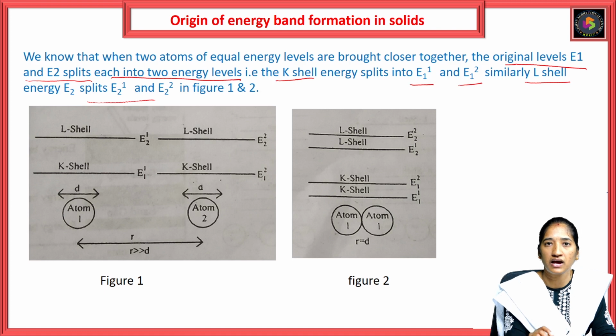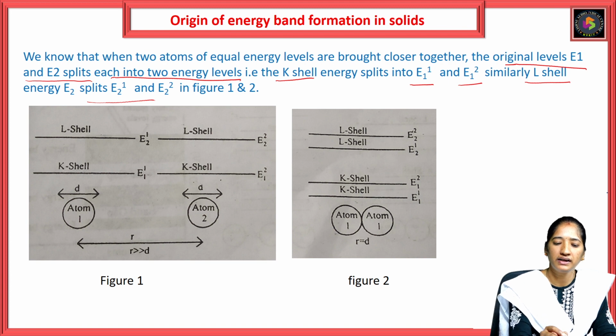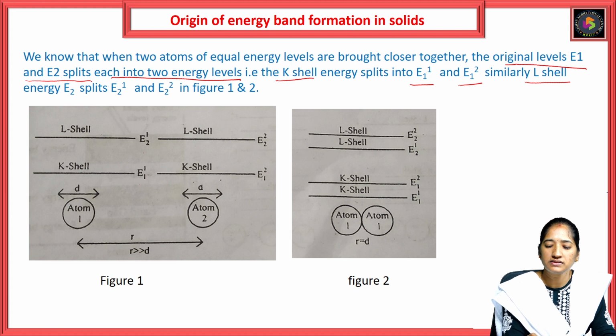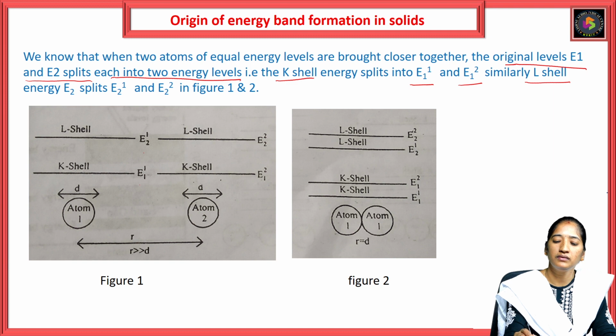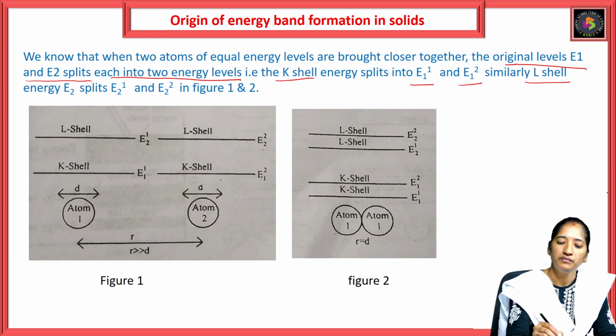So the first atom has energy levels E11 and E21. Now take the second atom. It has a K shell and an L shell with energies E12 and E22. These are the second atom's energy levels.